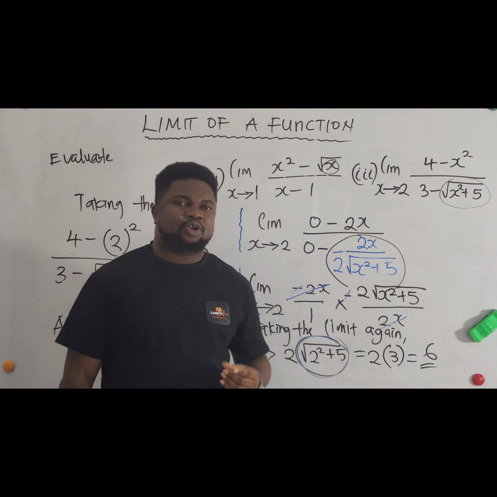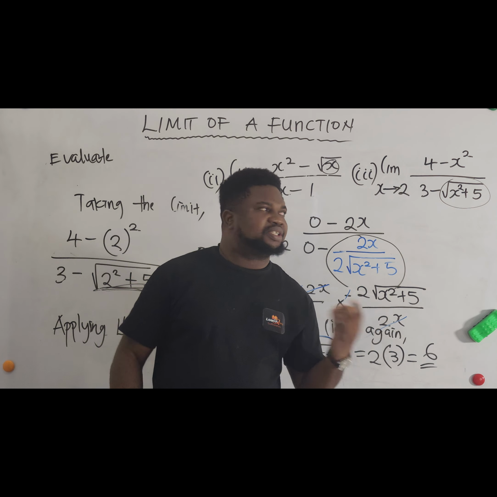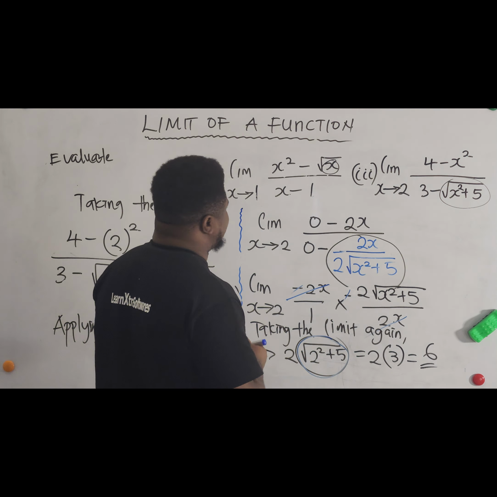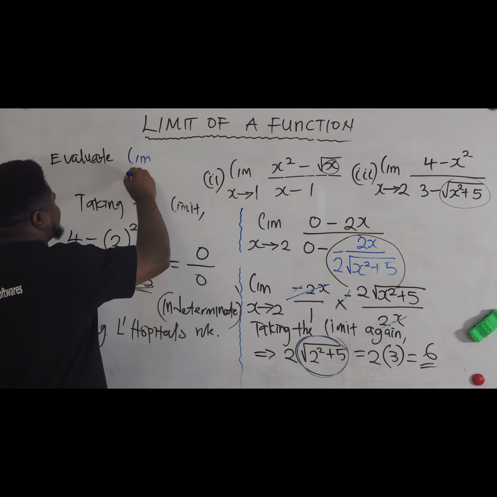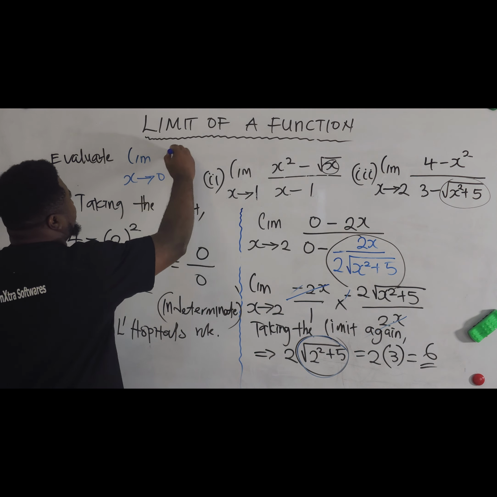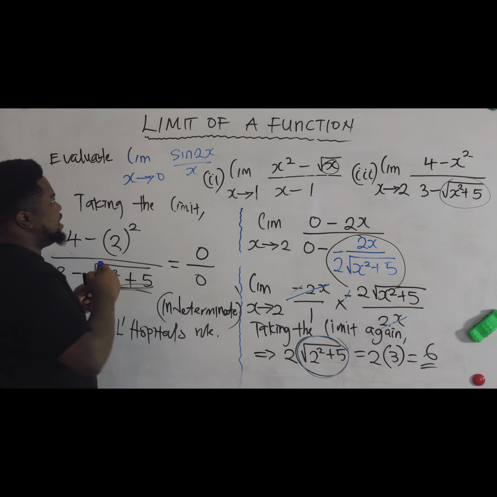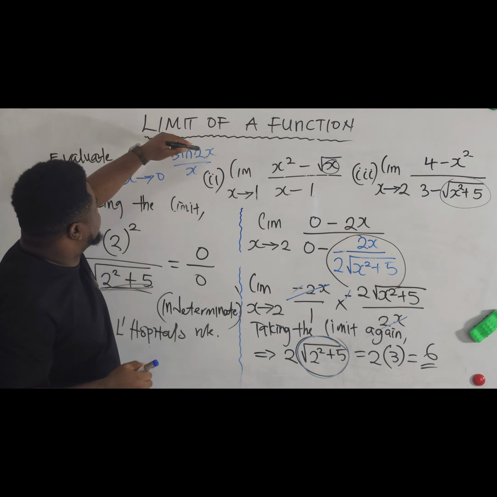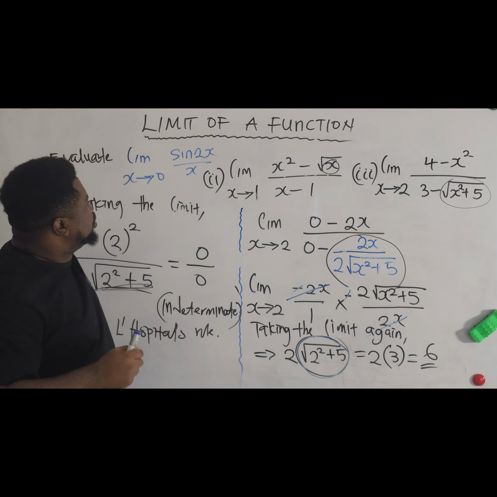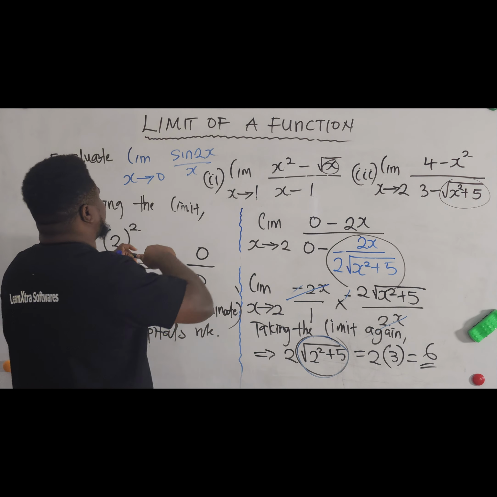Being successful in solving limits requires basic idea of differentiation. If I give you something like this now, let's say limit as x goes to 0 of sine 2x over x. It's very simple. Once this gives you 0 over 0, your success here depends on your ability to differentiate this.